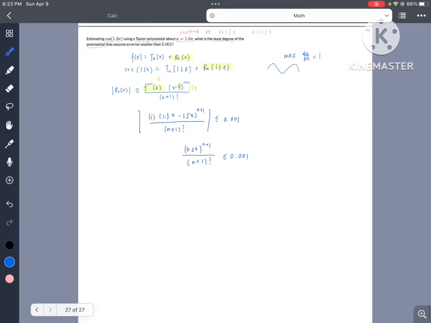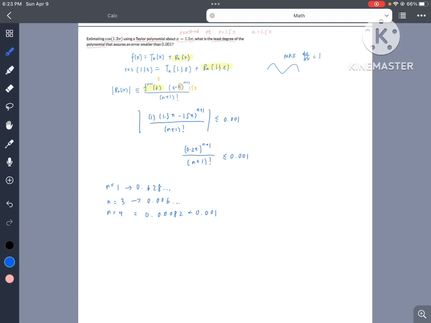We don't really have an easier method to solve for it, so we can just try out some numbers and plug them in. If n equals 1, it's 0.628, and if we continue trying, we find that when n is equal to 3, it's 0.06 something, but when n is equal to 4, it's 0.00082, which is smaller than 0.001.